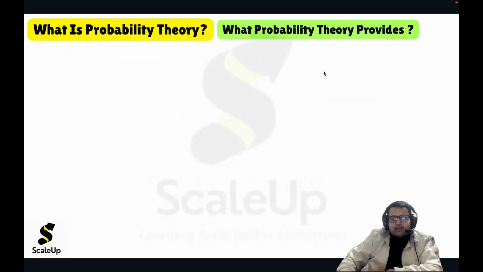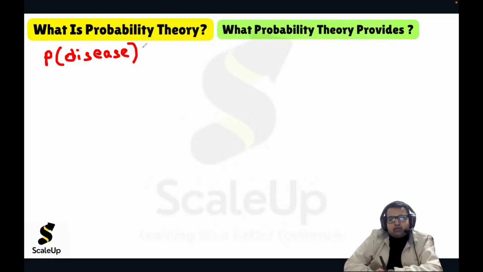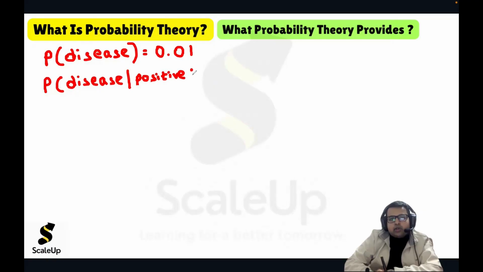If we look at one example, let us suppose we have an input, and the probability that it is a disease is 0.01, and the same probability of getting a disease is given an additional piece of information, that is a positive test.